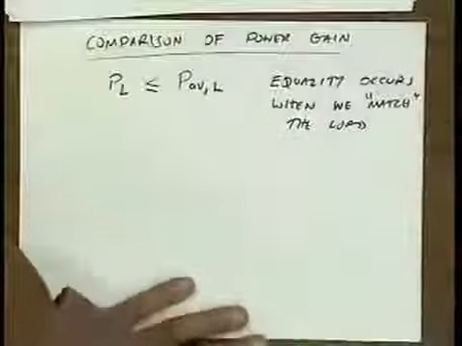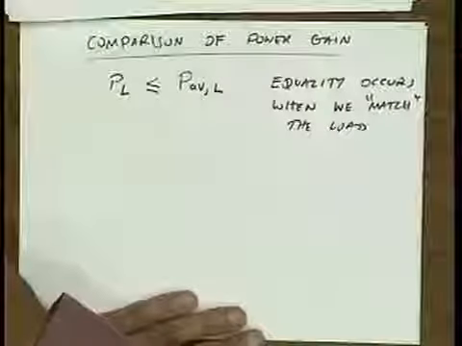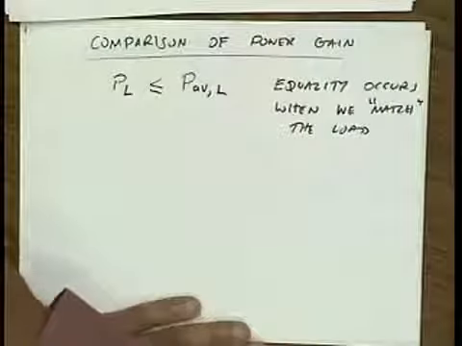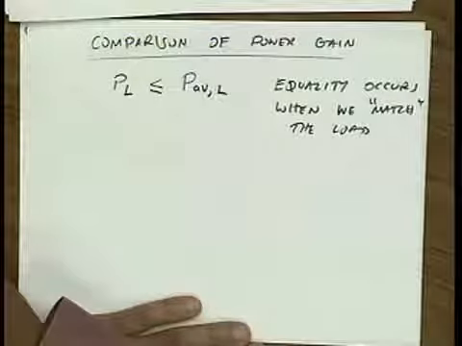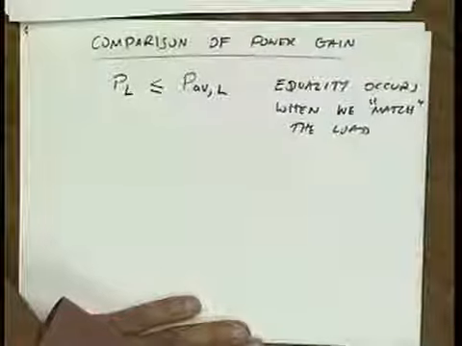Now by match I mean complex conjugate match. Does this statement make sense to everybody? If not, let's back up and make sure that everybody understands the statement. Okay, we'll back up.